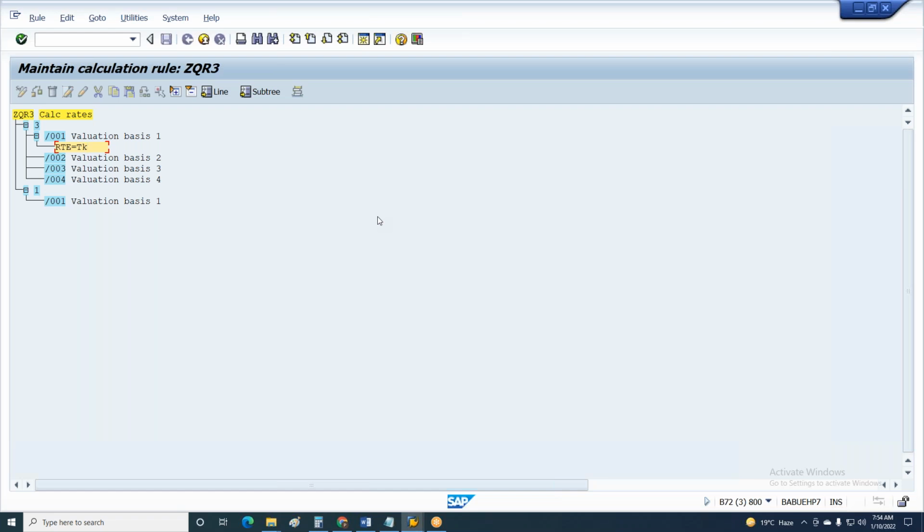See, TK, DI, TS, DAVA. Divide the amount with the rate, store it in the rate field. 0 equal to R. Rate equal to TK, DI, VI.